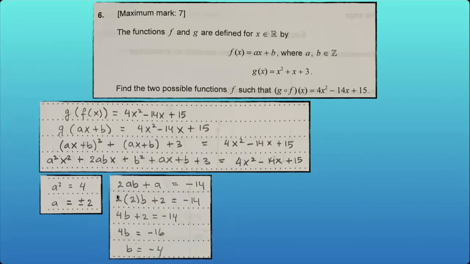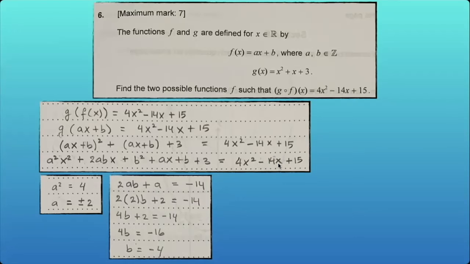Moving on to x, or x to the power of 1. From the left-hand side, we have 2ab and a. So we have 2ab plus a from the left-hand side, and from the right-hand side, we have negative 14.